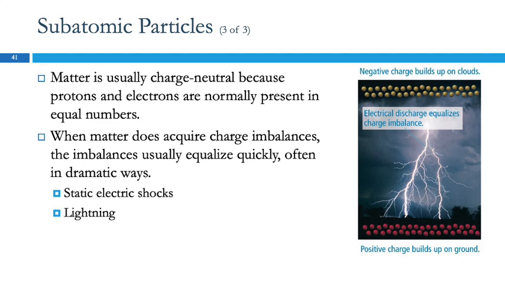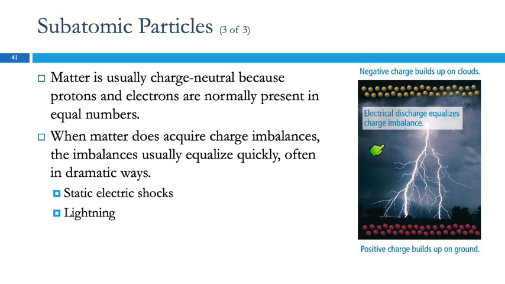So matter is usually charge neutral because we have protons and electrons in equal numbers. But charge imbalances are possible, and when those occur, they tend to equilibrate or equalize quite quickly and sometimes rather violently. An example of this is lightning.